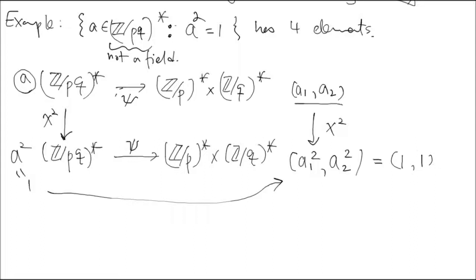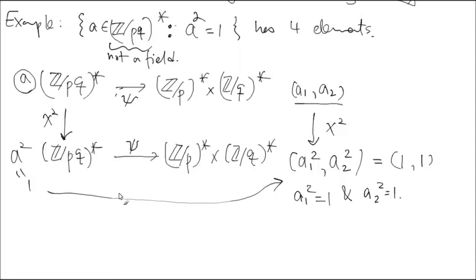Is that right? All right. So that gives you these two equations, a1 squared equals 1 and a2 squared equals 1. If there's any pair (a1, a2), living in two separate worlds, mod p world and mod q world, whose square becomes 1, then it's a solution in here. That's the situation.